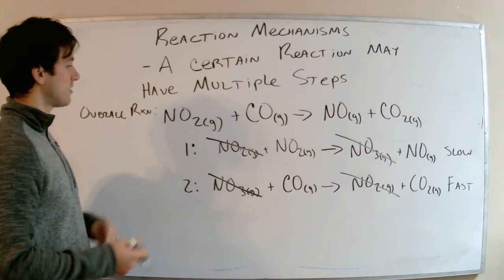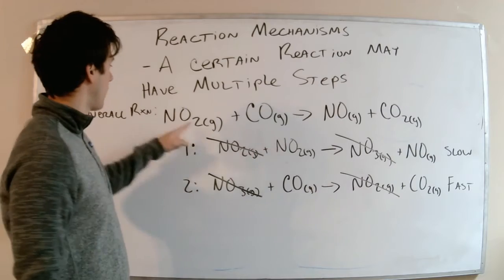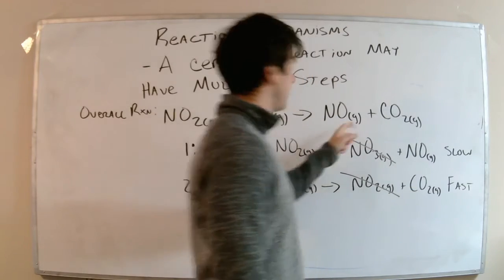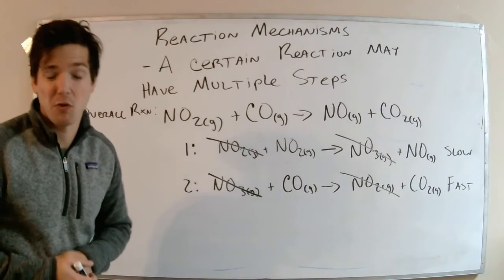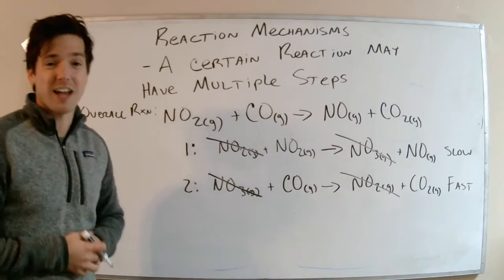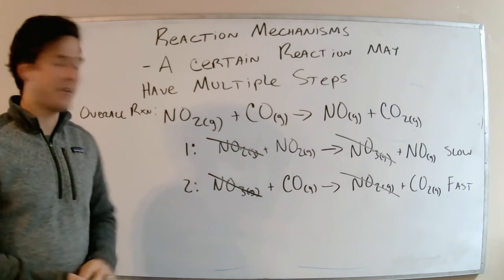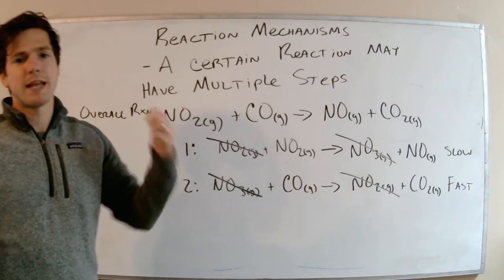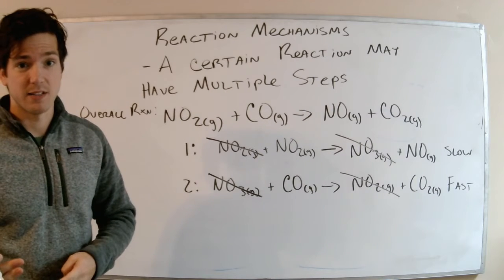Now I've crossed out everything, and if you looked at this, you could see that I got one NO2, one CO, one CO2, and one NO. So if I just give you the mechanisms and ask you to give me the overall reaction, you're just going to cross out the stuff that's the same on both sides, and then whatever you have remaining is our overall reaction.